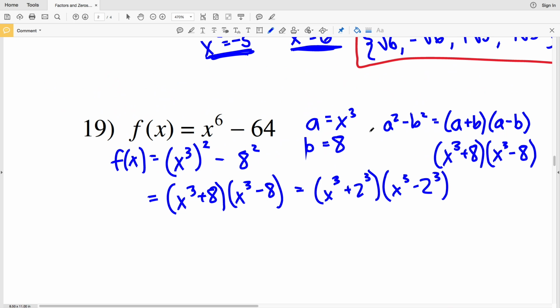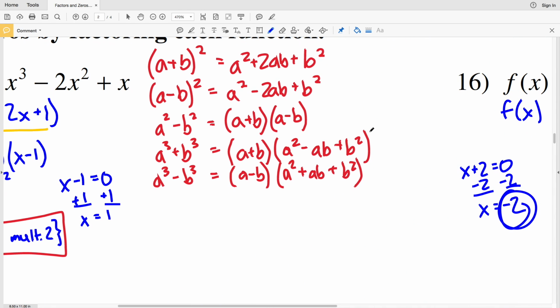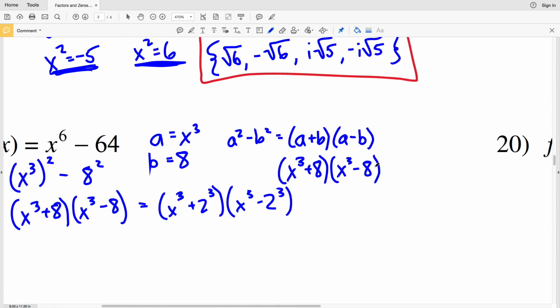Now, going back up to our formulas, we can use the bottom two. For a cubed plus b cubed, we have a plus b times a squared minus ab plus b squared. And for a cubed minus b cubed, we have a minus b times a squared plus ab plus b squared. So let's utilize those formulas for number 19.